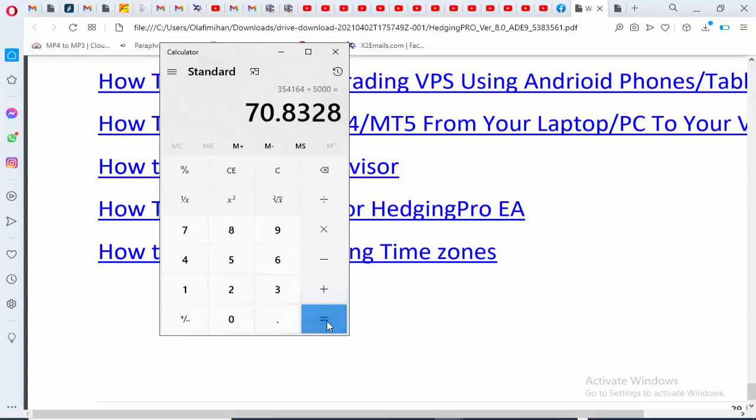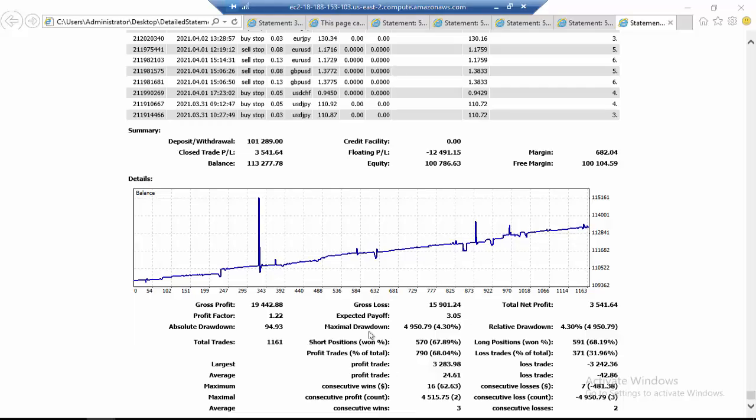We divide it. That means we have made 70.83% return on what we exposed. We didn't expose the whole 100,000.